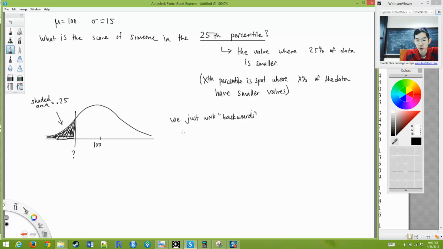So we first go to the table and find the z-score that is associated with 0.2500 or whatever is closest to that.